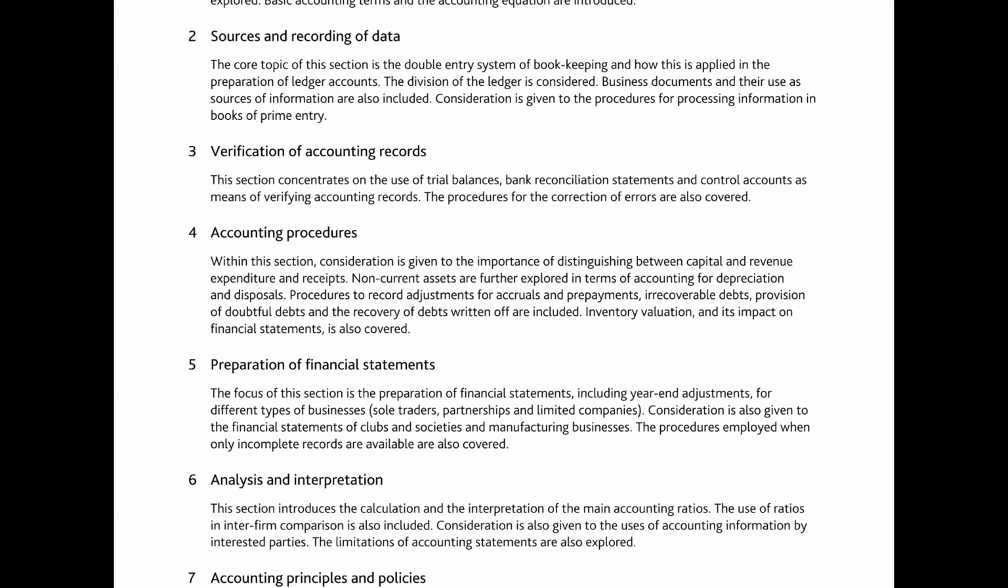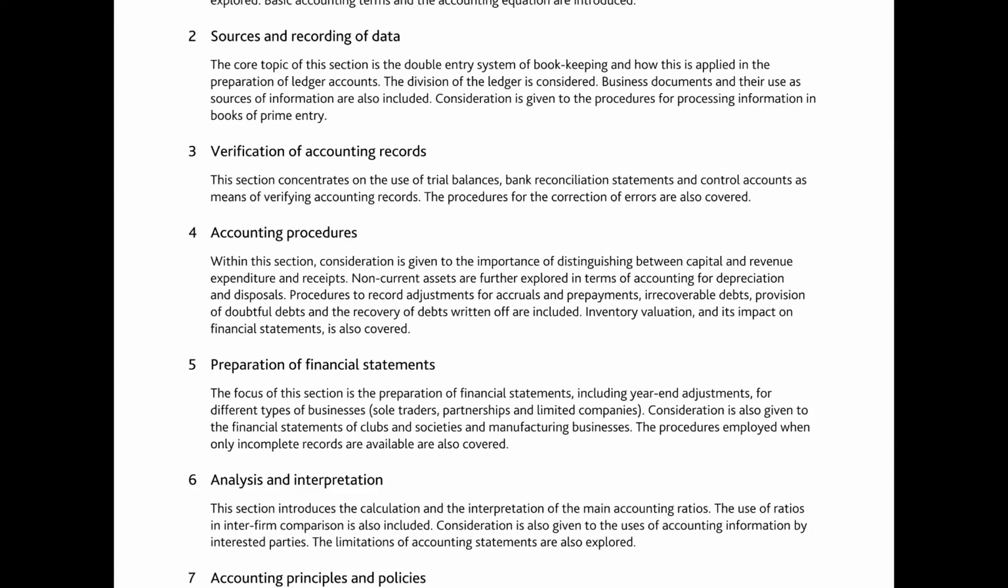And we'll also show you the procedure for the correction of errors. So these are the things that we talk about in this unit: trial balance, bank reconciliation statements, control accounts, and the correction of errors that occur as you are making entries for these transactions.